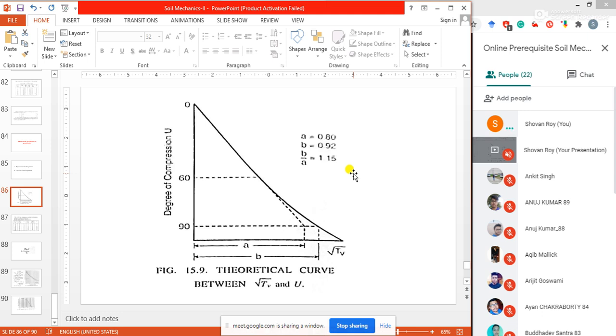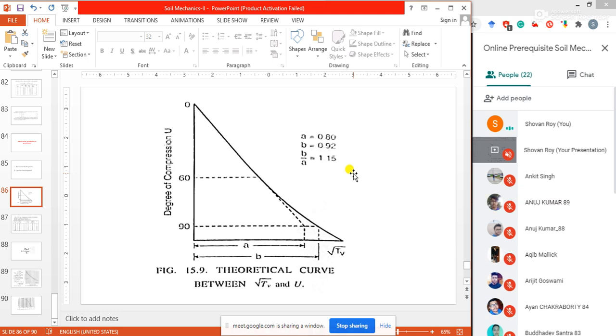The aim of showing this curve is the use of these characteristics of the theoretical curve to determine the 90% degree of consolidation point on a laboratory time consolidation curve, as was suggested by Taylor.